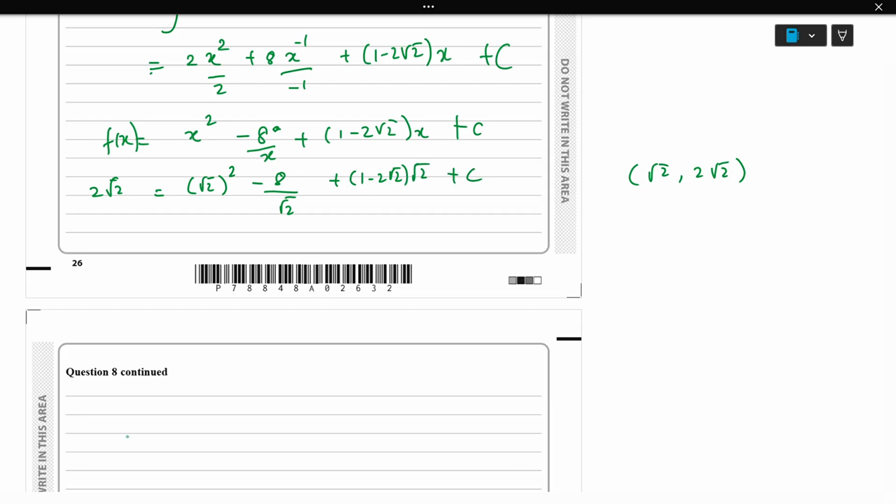And just simplify, which is 2 root 2 equal to 2 minus 8 by root 2, plus we'll expand this one: 1 times root 2 is root 2, minus 2 times root 2 into root 2, so 2 times 2 is 4, plus c.